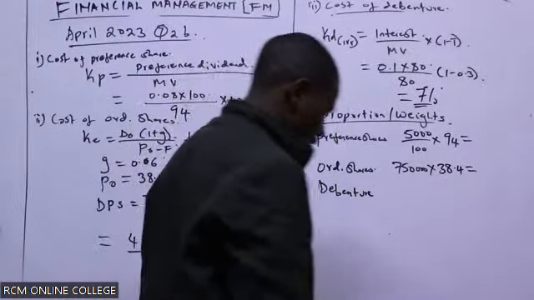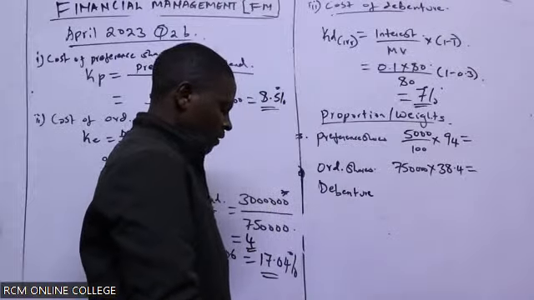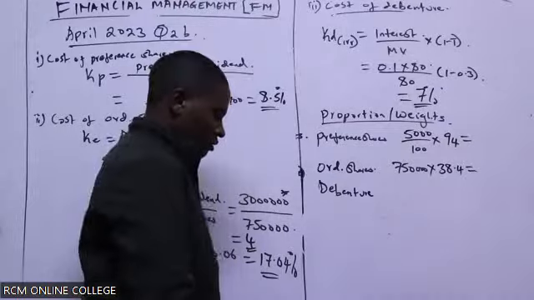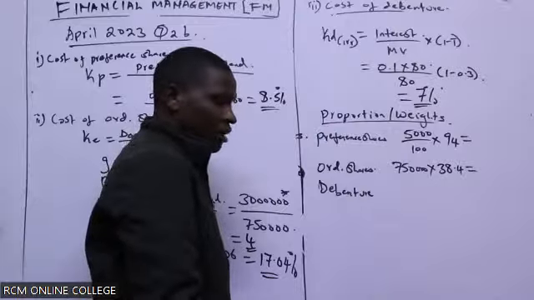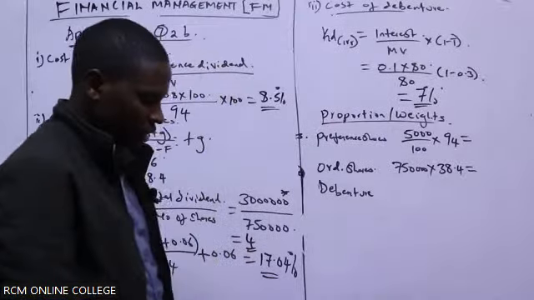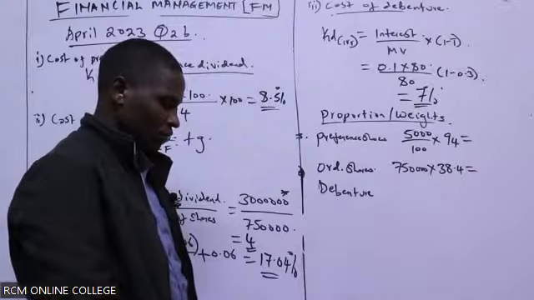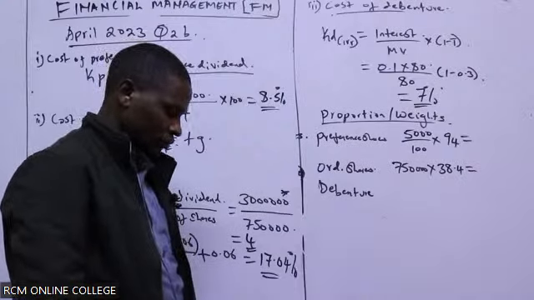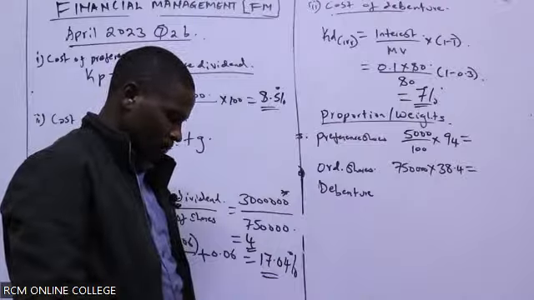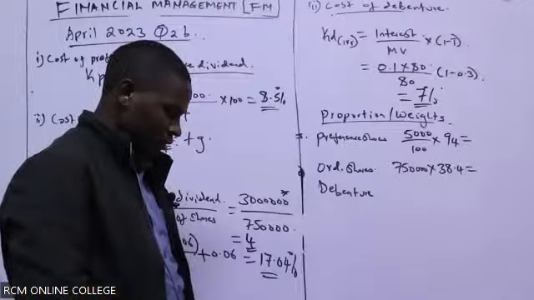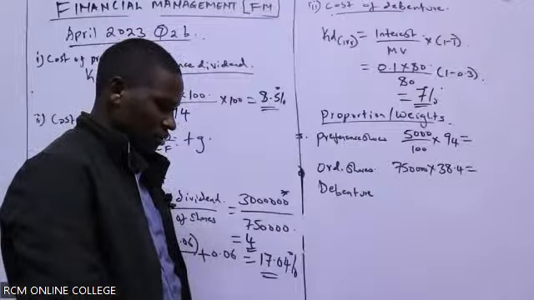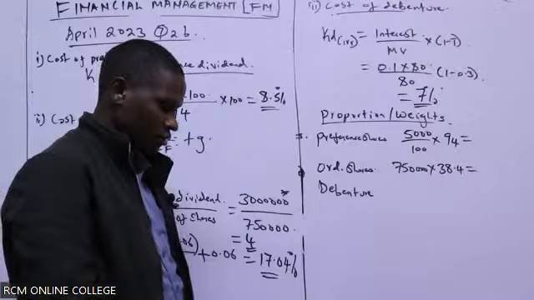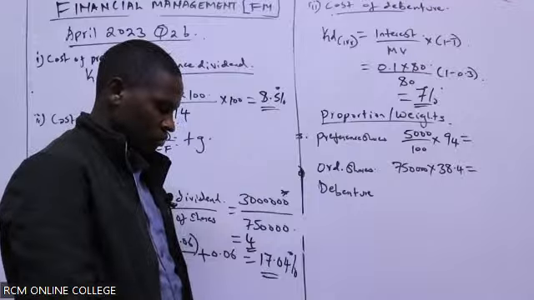If I look at it, it's in fact like 1 times that. Now how much is the debenture? Let me just look at our debenture properly. How much is our debenture?